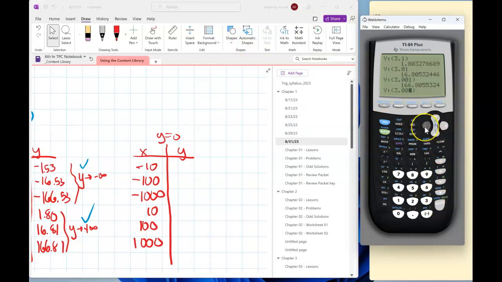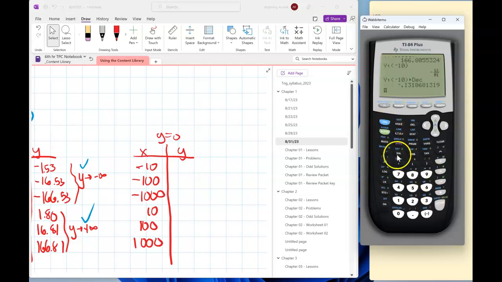So again, doing the same thing, second enter. Gonna enter that in. Oops, goofed that up a little bit. Press enter. Oh, boogers. I got a fraction coming out of that. So what I'm going to do is add a little piece to the end of this. I'm going to press the math button and then choose the decimal command. That'll tell the calculator that whatever comes out of this, just give it to me as a decimal.